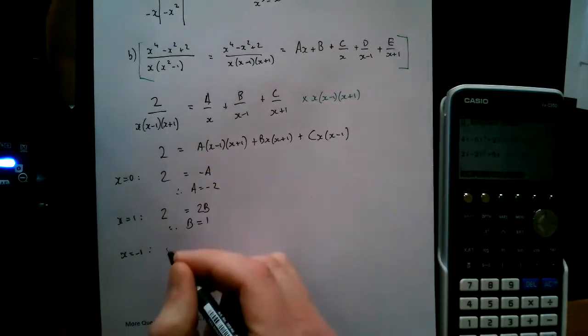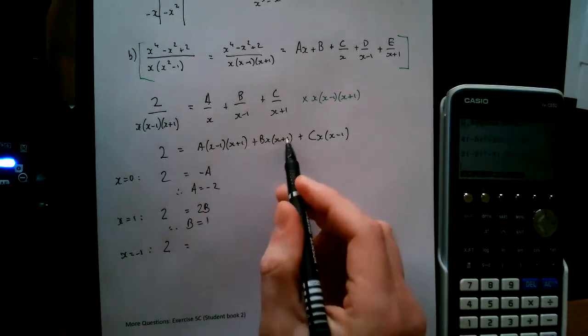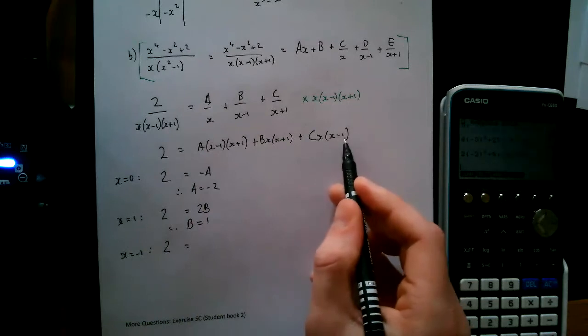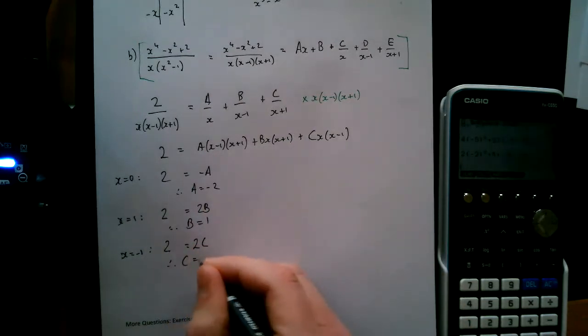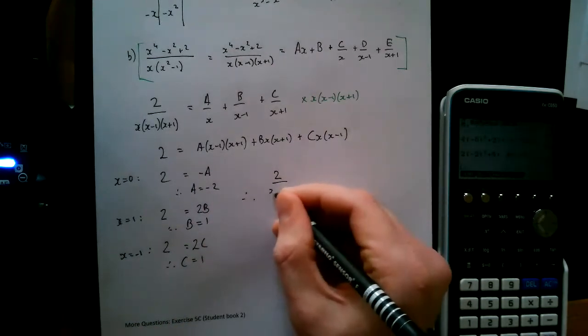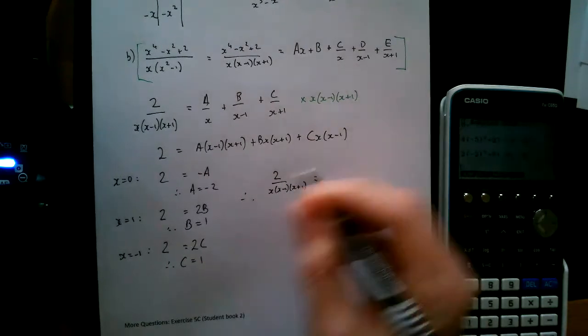This side is still just 2 because there's no x's. Minus 1 will make this 0, and this 0. We get minus 1 times minus 2, which gives me positive 2, so 2c. Therefore, c is 1.